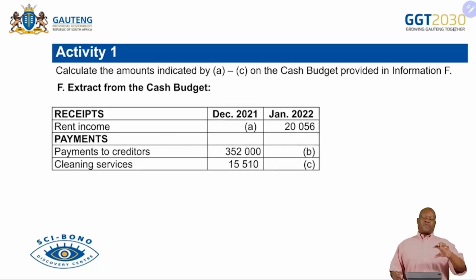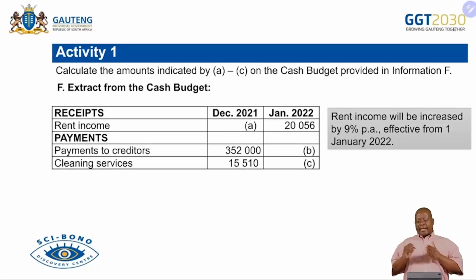Now, apart from this information that we are given in the extract from the cash budget, we need additional information. What are they saying about A? So they are saying rent income will increase by 9% per annum starting in January. So what is this saying? It is simply saying in December, it was before the increase.